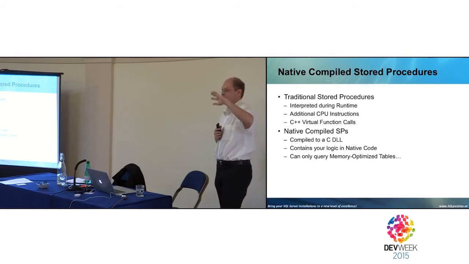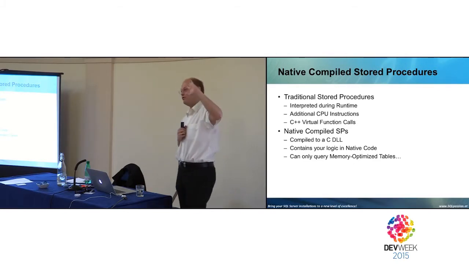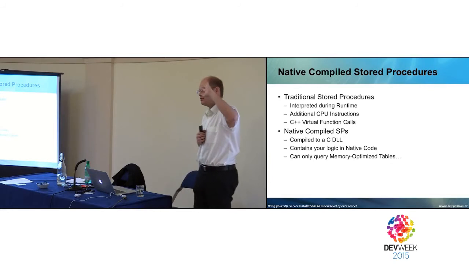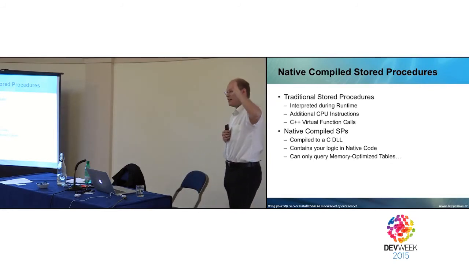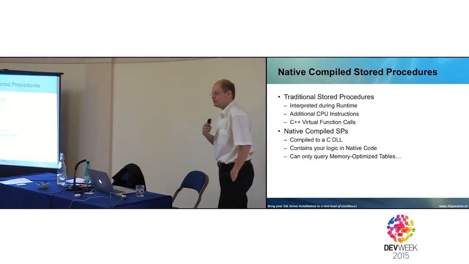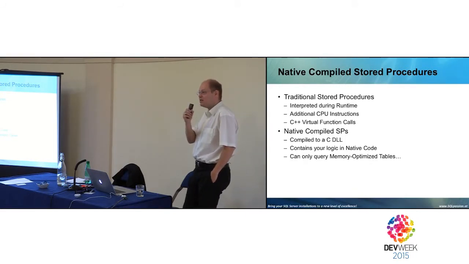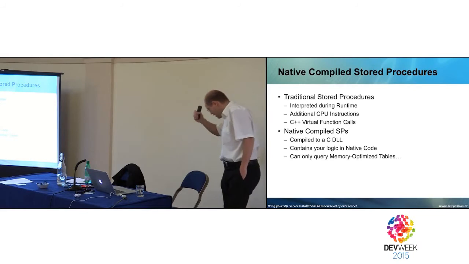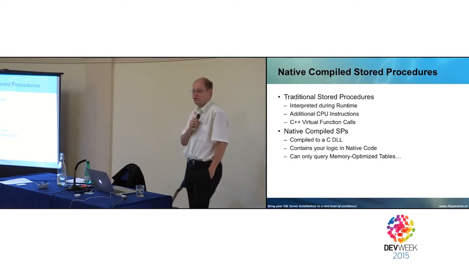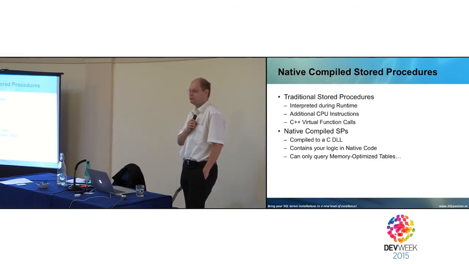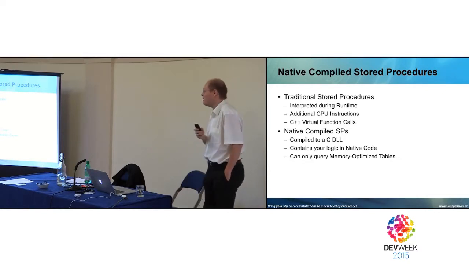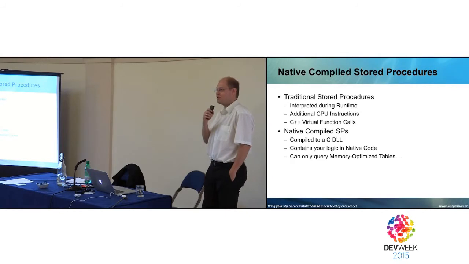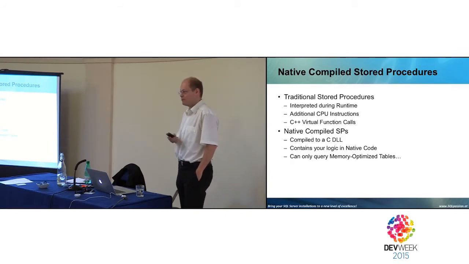The C code is compiled into an object file. The object file is linked into a DLL file, and the DLL file is loaded into the process space of SQLServer.exe. When you afterwards run that stored procedure, you just execute machine code, which is amazingly fast, with some side effects, as we have already said.